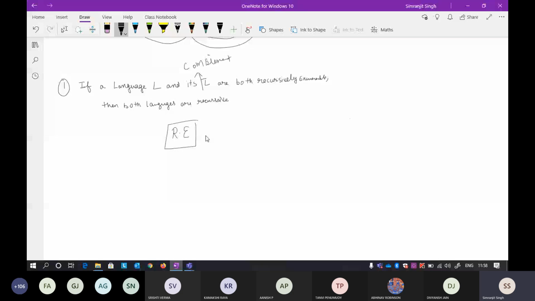So this is your recursive enumerable, and this is your recursive language. For recursive enumerable, for a Turing machine, I'm writing the diagram here. If the particular string is in the language, it will say yes, it is in the language. If it is not in the language, it can say no, or it can fall into an infinite loop.